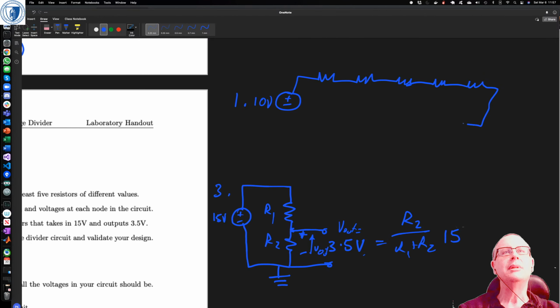You don't have to do them in a line like that. You could lay them out more sensibly, so it's not quite as long and thin: 100 ohms, 200 ohms, 300 ohms, 400 ohms, and just to buck the trend, 5 ohms, right?